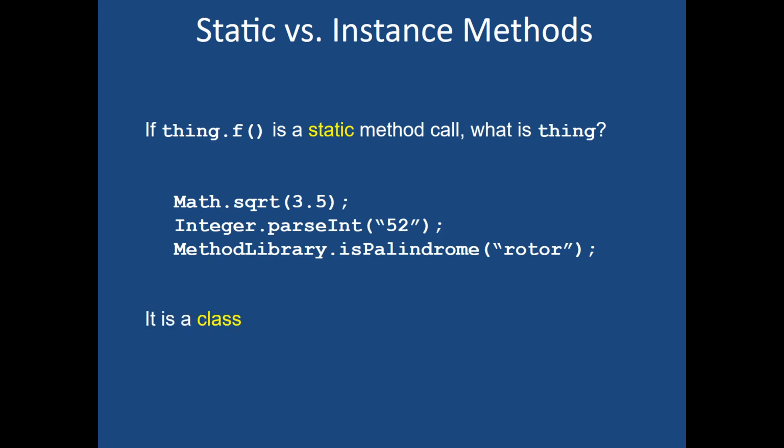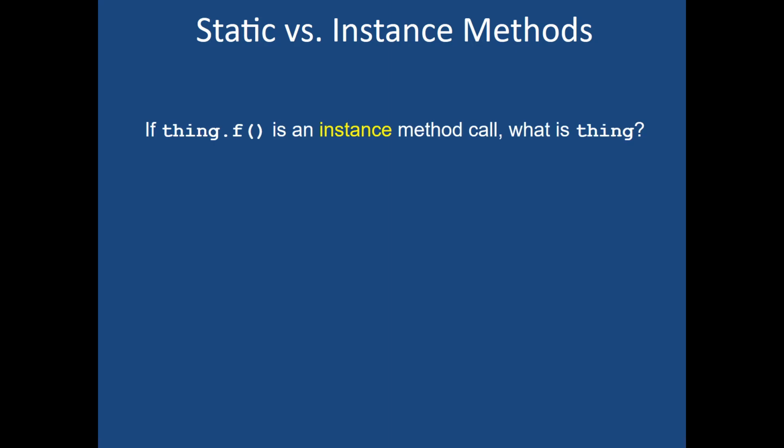Okay? Now, if I tell you that f is an instance method, in other words, a non-static method, what does thing have to be in that case? Yes? An object. Has to be an object. And again, you're familiar with that from the standpoint of just using methods. Like if s is a Scanner object, then s.hasNextDouble is object dot method name for instance methods. list.add("hello"), where we're adding hello to a string list, an ArrayList of strings.